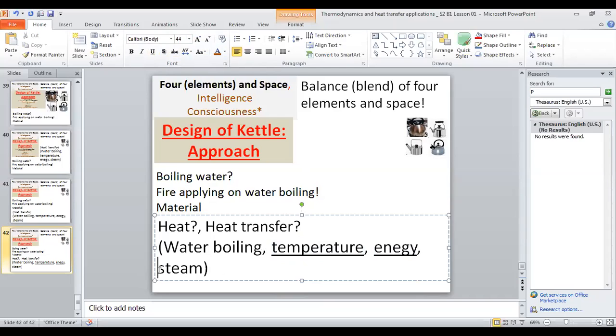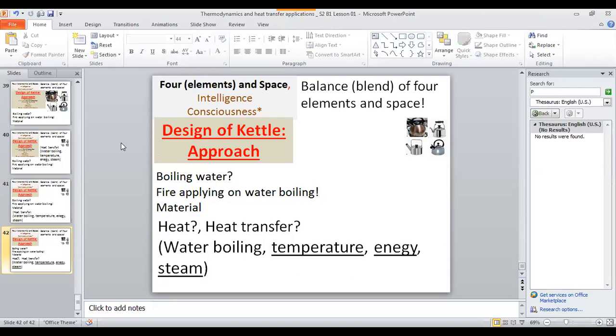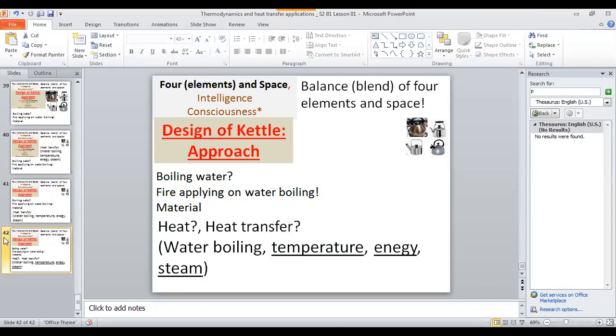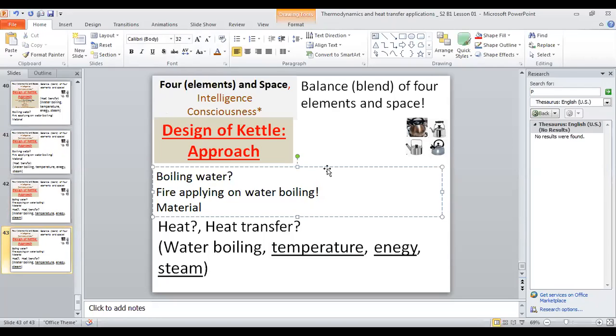And what is the meaning of steam for you in water boiling? Water boiling is physically what we can see, but within we can see temperature, energy, and steam formation. So these things we have to explore. This is your assignment for the next class.